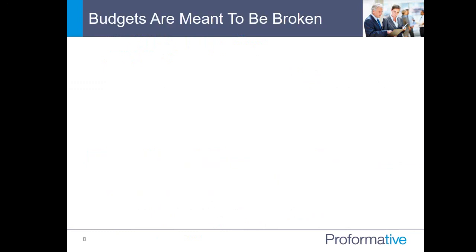Anybody who's worked with me in the past has heard me utter this phrase: budgets are meant to be broken. What I mean by that is, this is the time of year that all of us from a financial perspective are putting together our budgets, our plans for next year. It's that time of season where you're closing up your current year and getting ready to plan for next year.